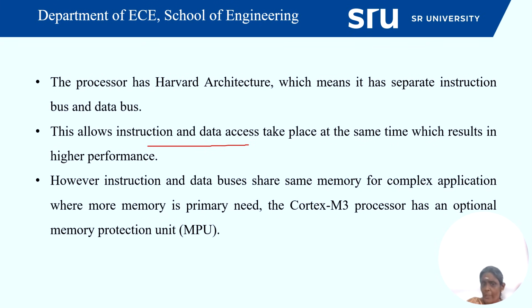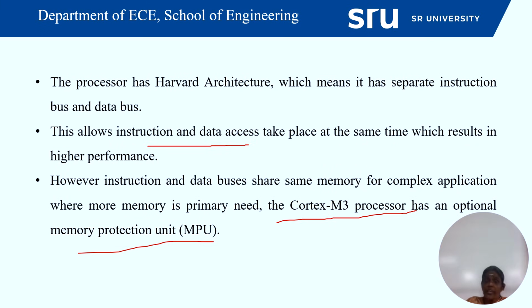Where more memory is a primary need, the Cortex M3 processor has an optional memory protection unit. This is important, the memory protection unit. We are having connections with the input-output peripherals.